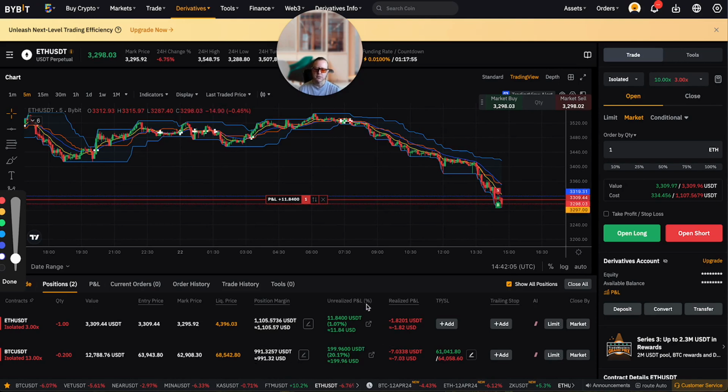So the numbers are going to move a lot faster here, even though the position is smaller. Percentages and absolute value are going to move faster there, and they're going to move more slowly here, even though this one is about $120 more position margin, right? The wager I'm making is only at 3x leverage. This one's at 13x the leverage.